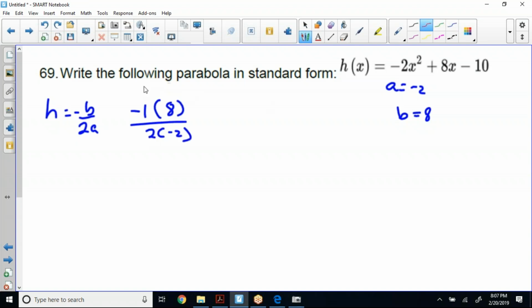And I'm going to tell you something, guys. You see this right here, negative 1? I used to just stick a negative out there with parentheses. I now put in negative 1 instead of just a negative.